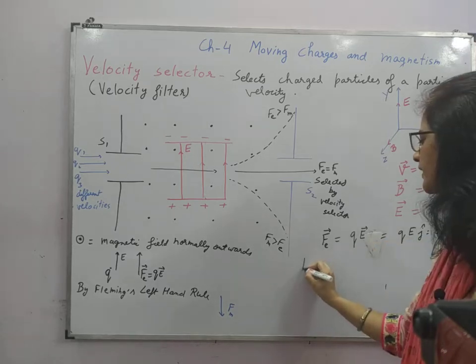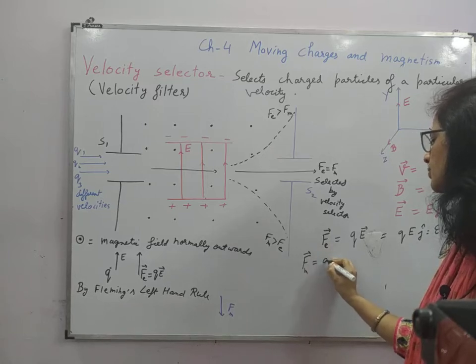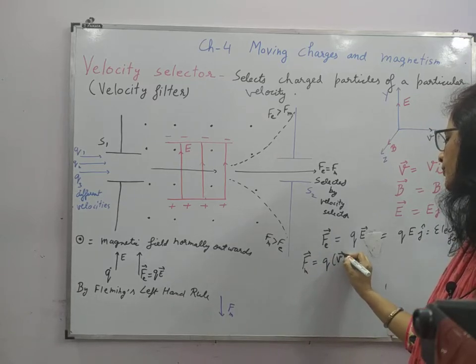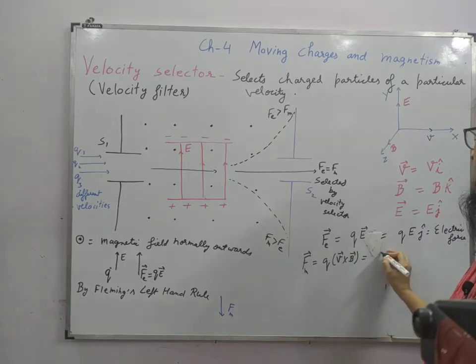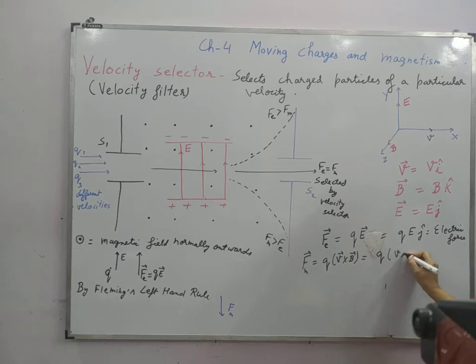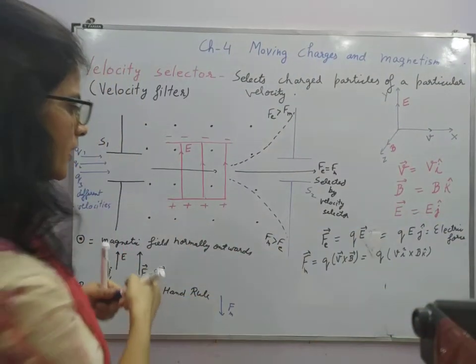Now let's see the magnetic force. It is q V cross B vector. Now this can be written as q V i cap cross B k cap, right?